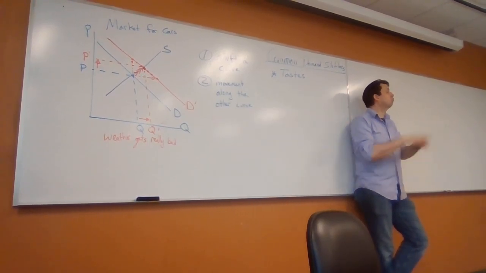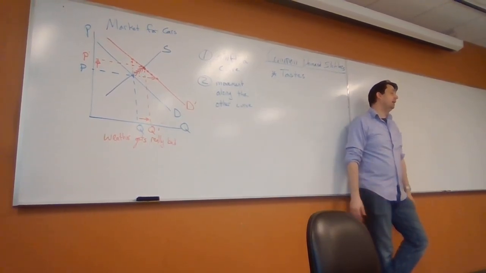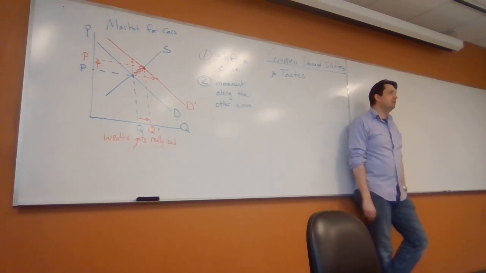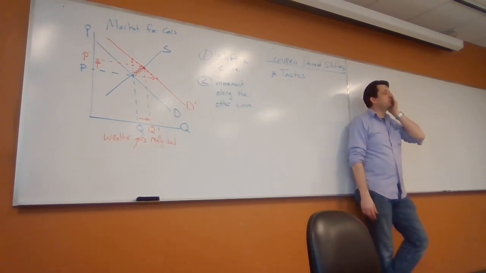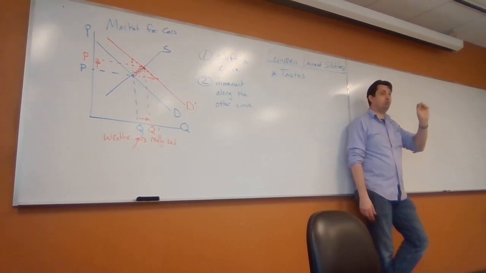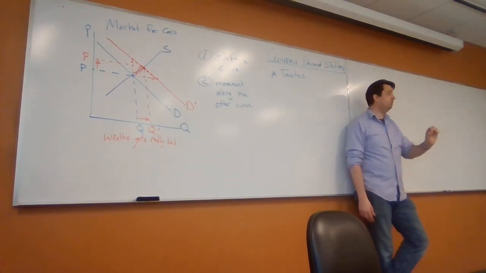It could be cultural changes. It could be fashionable changes. Like when The Hunger Games first came out, the main character, what weapon does that person use? Bow and arrow. And there were these bow and arrow toys that were out.